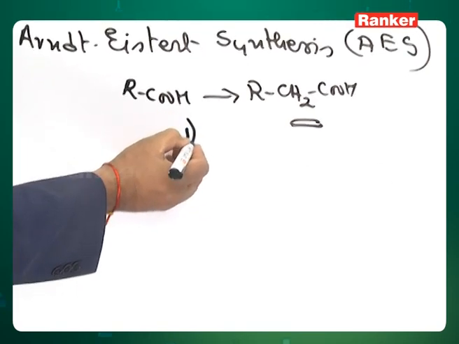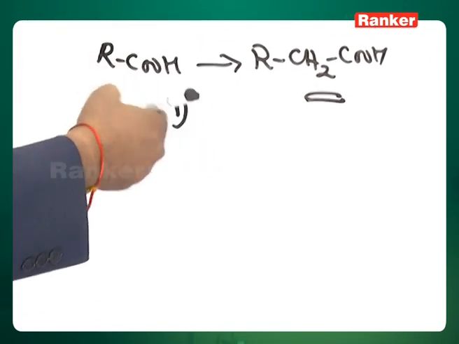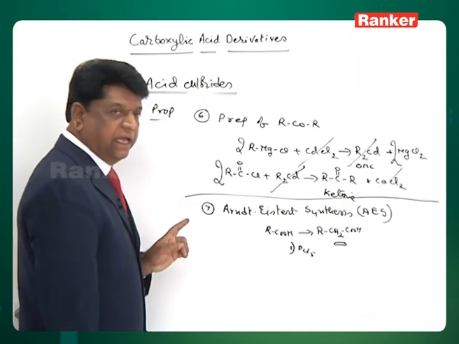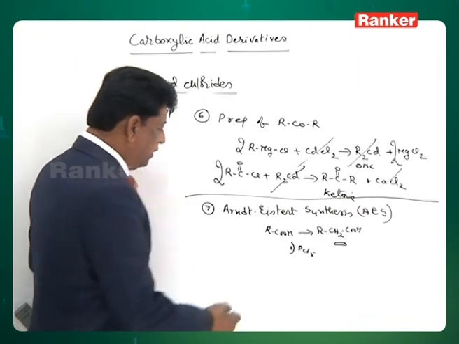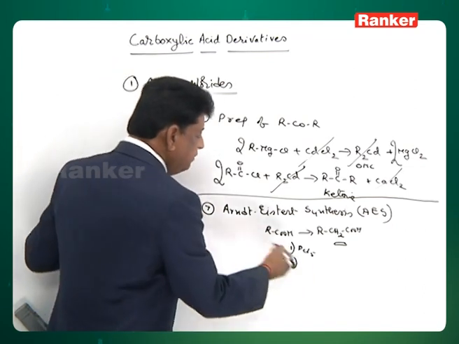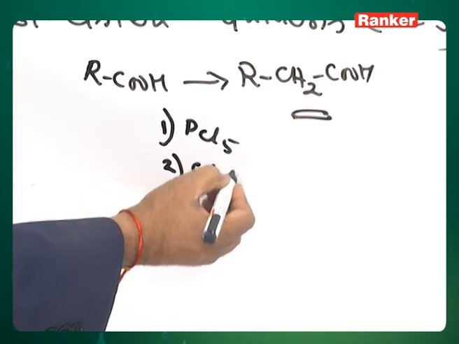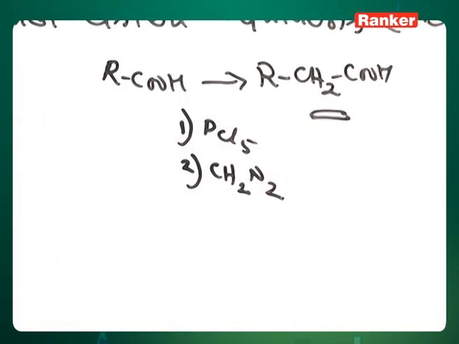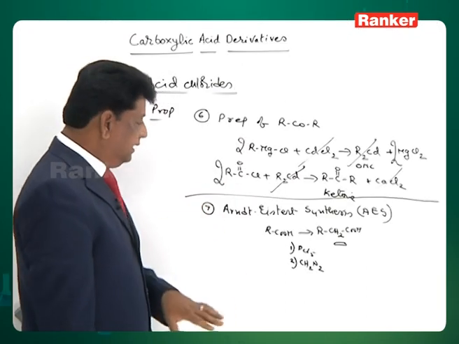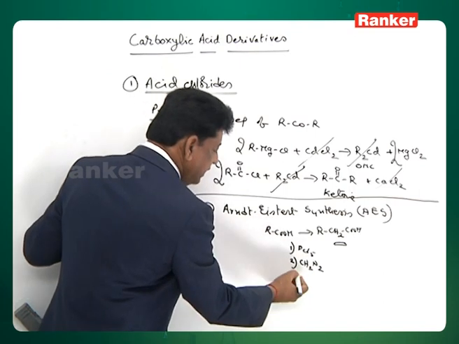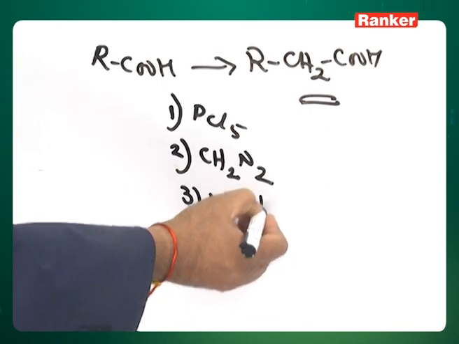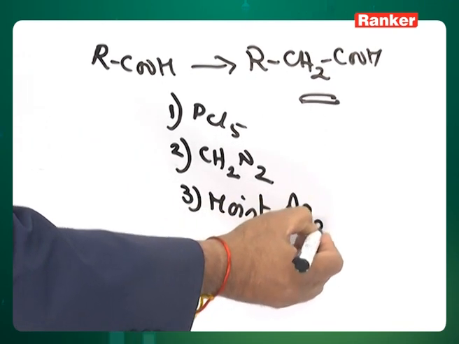This reaction involves, first you convert this into the acid chloride by using PCl5, let us say. First the acid is converted into the acid chloride, then another reagent subsequently, not at a time, subsequently you use CH2N2. This is called diazomethane, a gaseous compound prepared or trapped in ether, and that ether is added. Then finally, moist silver oxide, Ag2O, is added.